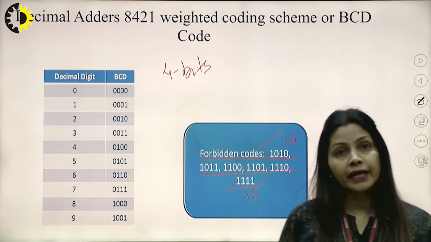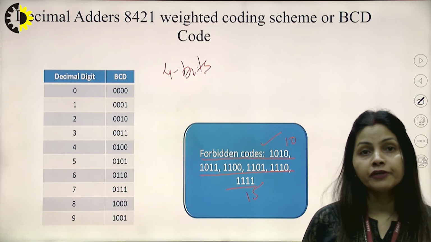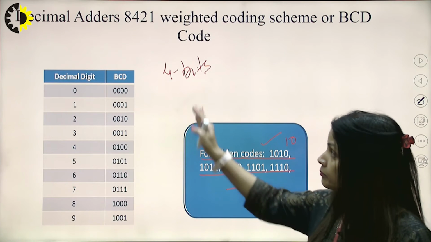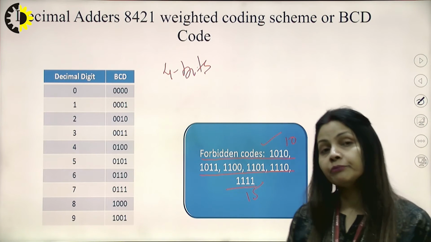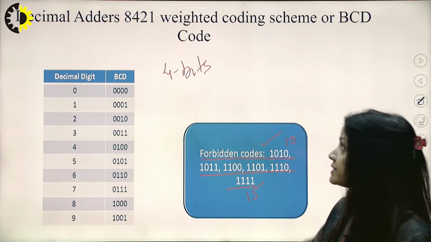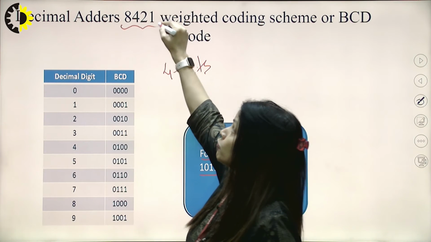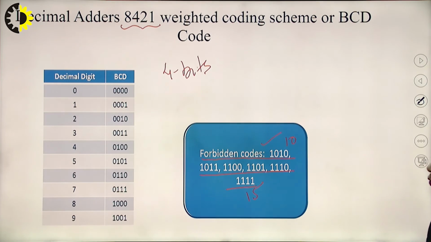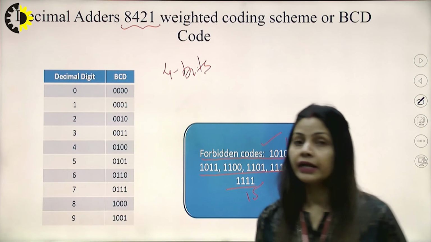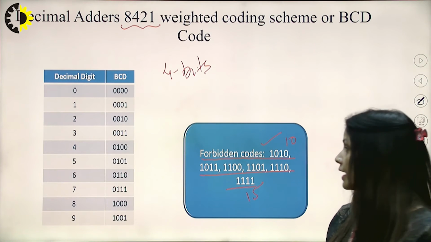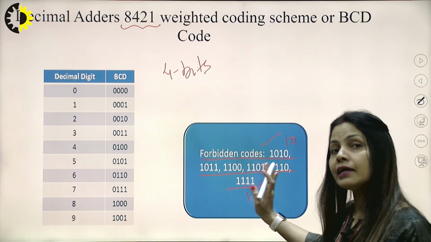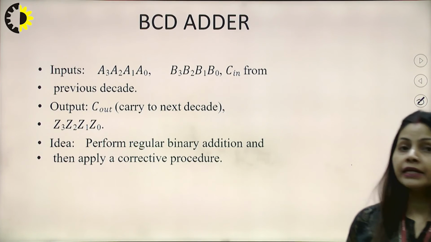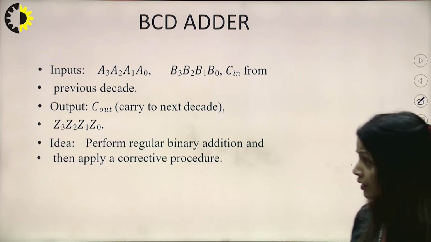So 10, 11, 12, 13, 14, 15 are not defined for the BCD code, because the BCD is written in the 8421 weighted code. Only 10 codes are authentic, and all others are illegal or forbidden codes. That was an introduction to the BCD code.